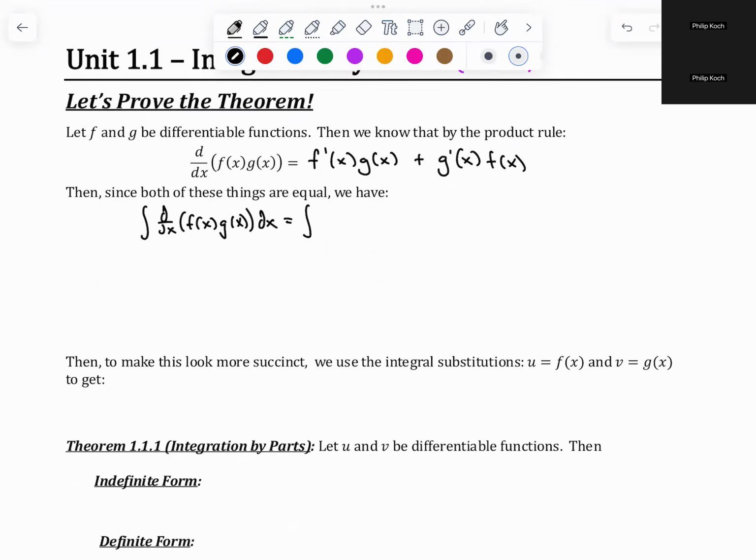But remember, by the properties of integrals, you can break up an integral of a sum into a sum of integrals. So it's now the integral of f prime of x g of x dx, plus the integral of g prime of x f of x dx.